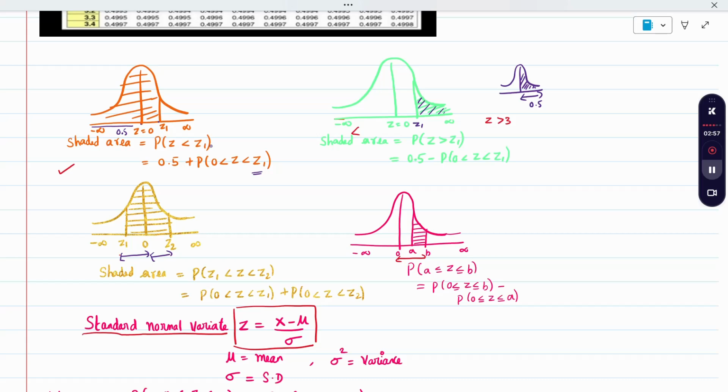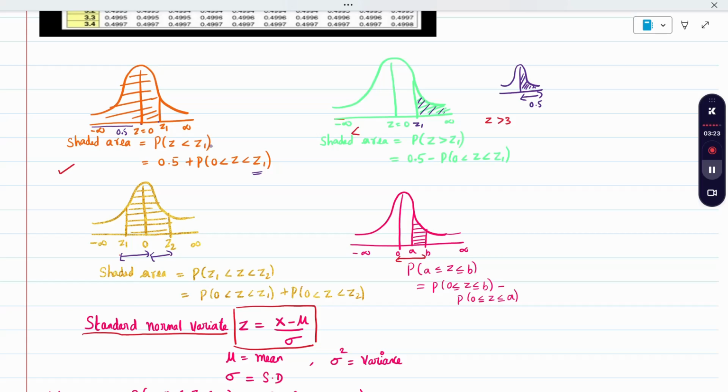Our fourth case is when, in the positive itself, between two numbers, the probability of 0 less than or equal to Z less than or equal to B, minus the probability of 0 less than or equal to Z less than or equal to A. When I subtract these, I get the region A to B. These are the four cases we will see problem-wise for a standard normal variate.